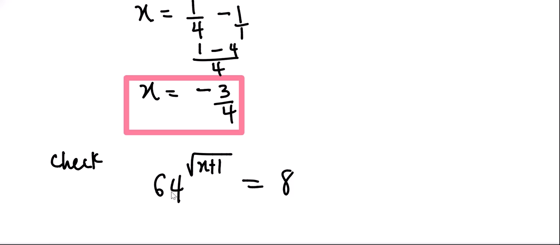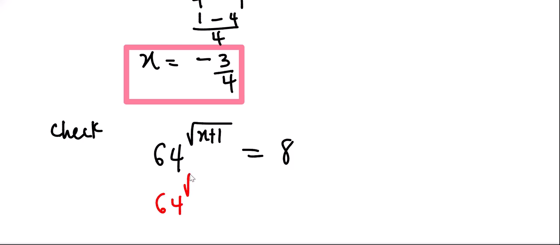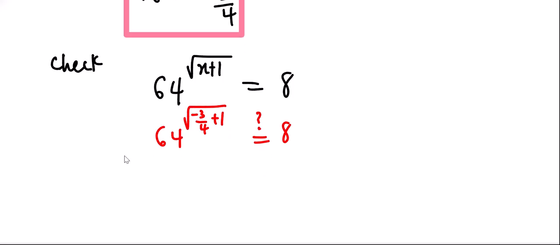Now let's plug in the value of x into this given equation. So here we have 64 to the power of the square root of negative 3 over 4 plus 1 equals 8. We want to confirm this. This is going to be 64 to the power of the square root of 1 over 4. We want to see if the left-hand side is equal to the right-hand side.